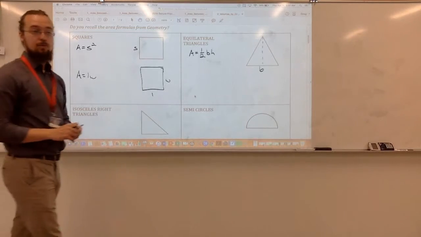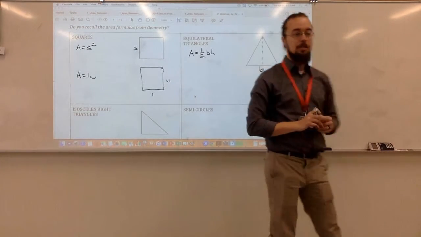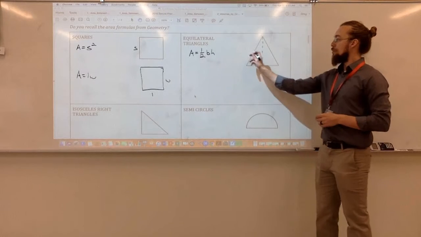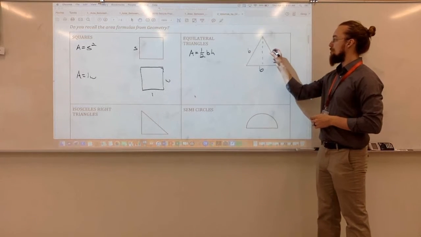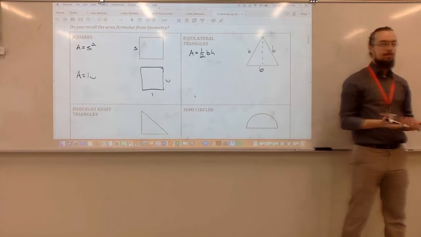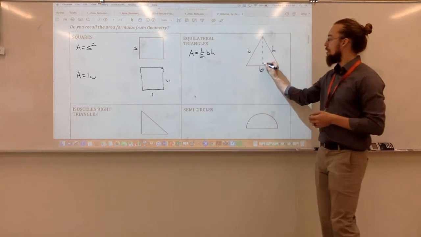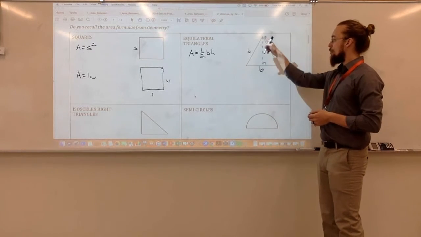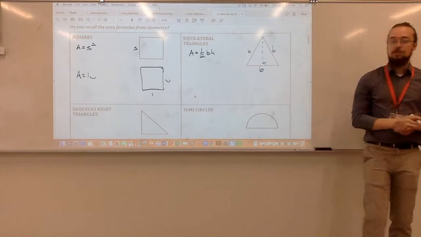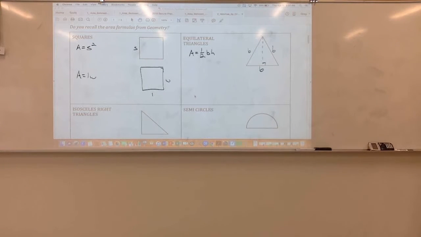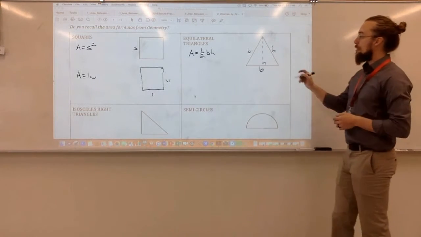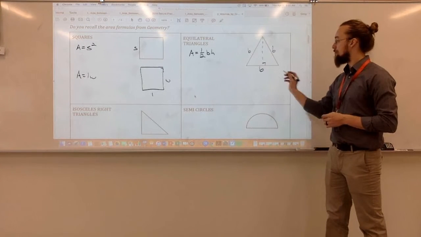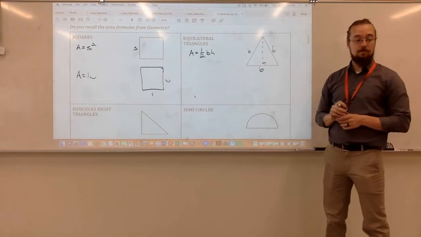Yeah, we can use a right triangle. So if this is equilateral, I also know that these sides are the same length as the base. Right? So how can I use this right triangle?